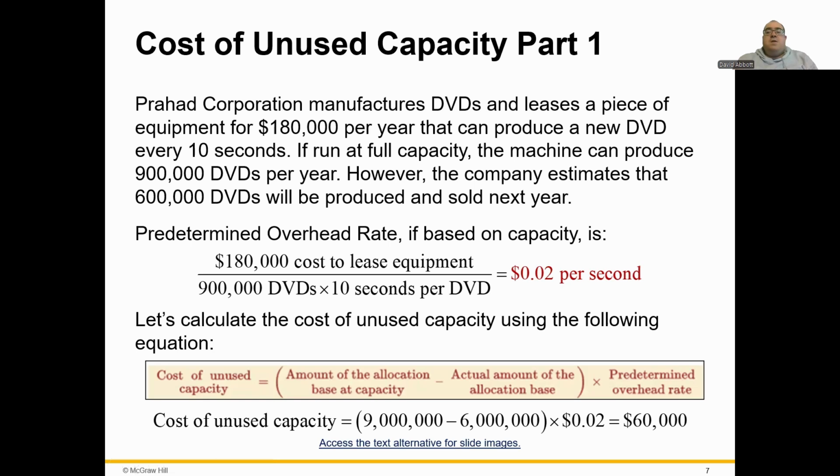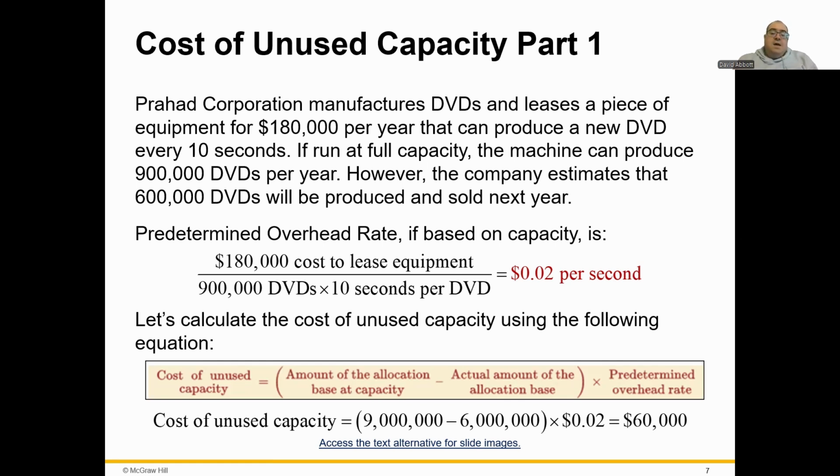So the cost of unused capacity, part one. We have the predetermined overhead rate, if used on capacity, of 2 cents per second. And then we can calculate the cost of the unused capacity using the following formula.